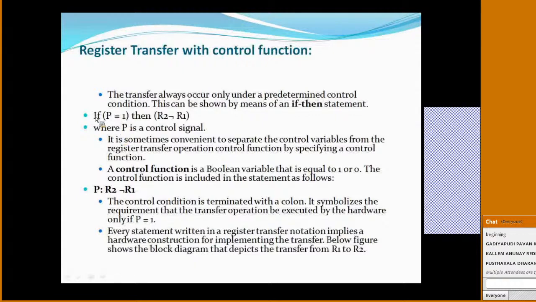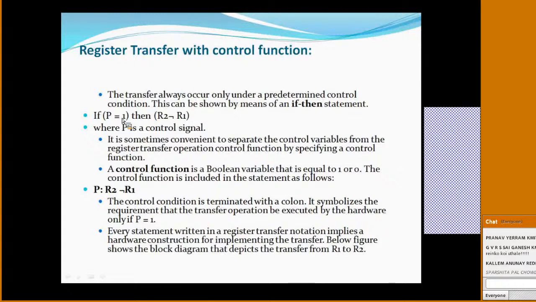Here the condition is satisfied means the value of P should be equal to 1, then only, for example, if P equal to 1, then R1 to R2.